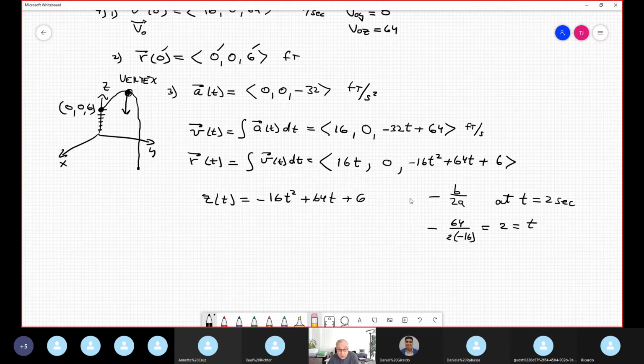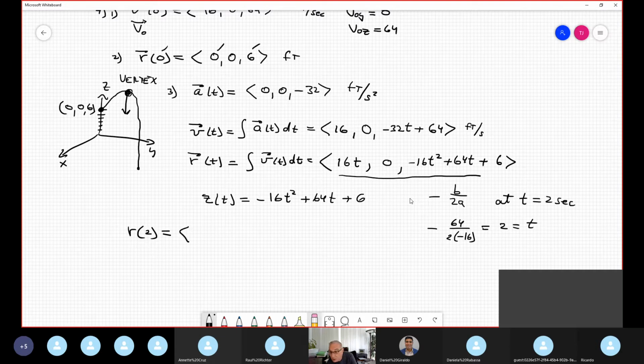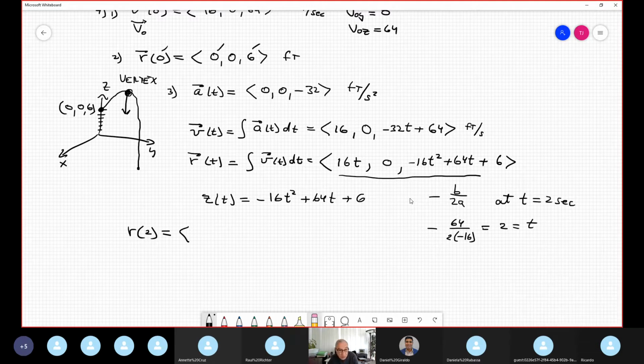If you want to obtain the position in this, bueno, it's easy. You evaluate r, the position function, at t equal to 2 seconds, no? What is this one? Entonces 32. The maximum is 70 feet. Yeah, you are right. Okay, you are right. And 2 is 32,0,7. Yeah, you are right, Ricardo.